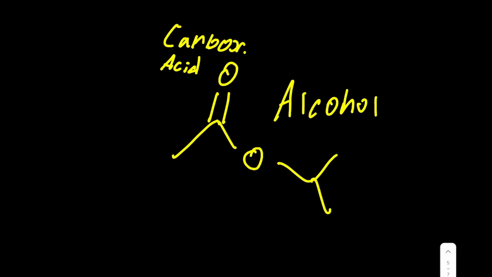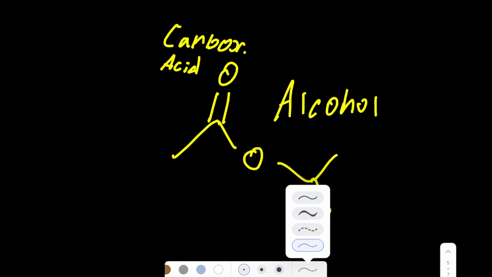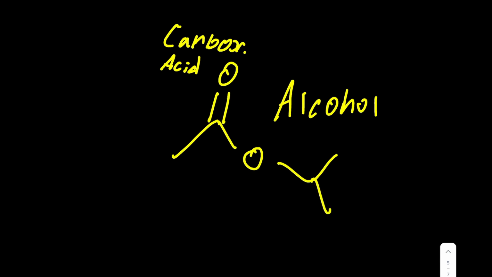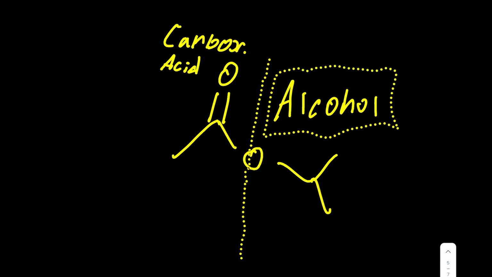So when we name it, what we'll do is just draw a line down the middle. I'll draw a line down this oxygen, so we'll split it into two parts. First, we have the alcohol part, and we have the carboxylic acid part.